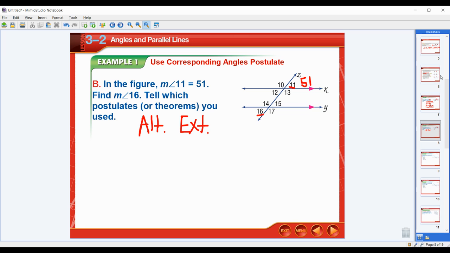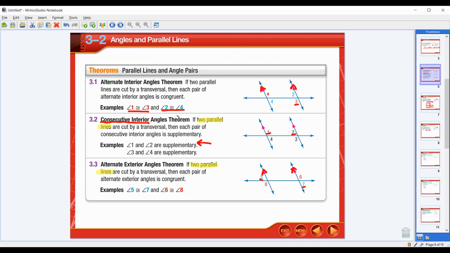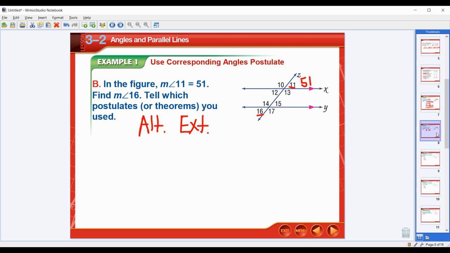So let's go back and figure out what we know about alternate exterior angles. Right here, it says if we have two parallel lines cut by a transversal, then alternate exterior angles are congruent. Okay, so knowing that these are congruent, we're going to do essentially the same thing we did in the previous question.